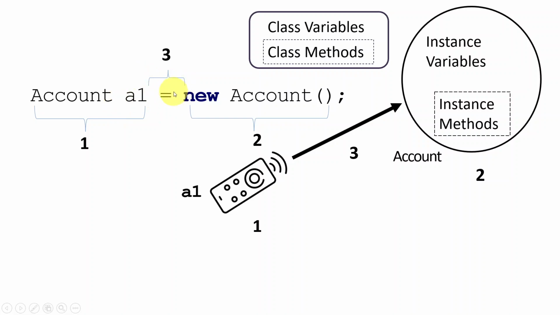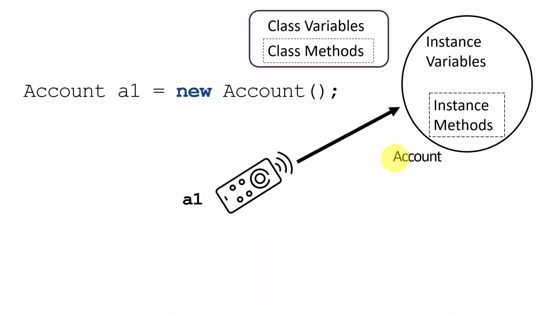So this is where you assign that this reference variable is referring to the object that you newly created. But these are independent concepts. Therefore, this reference variable may later refer to a different object as well. And also, a particular object may be referred to by more than one reference variable.